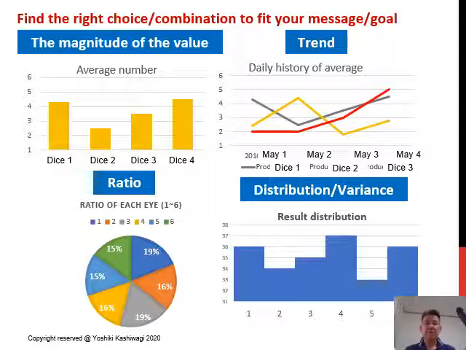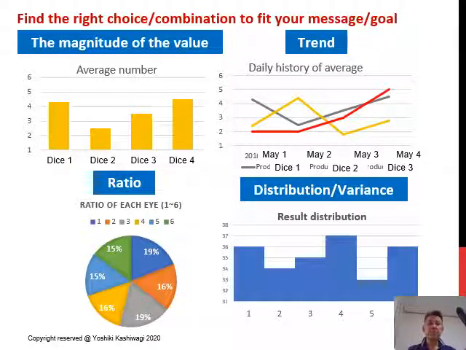Yes, that's true. And the lowest is dice 2. This is how you describe the result by using the average for each dice. The average is the easiest and the most convenient way to show or summarize the result in terms of the number itself or value itself.